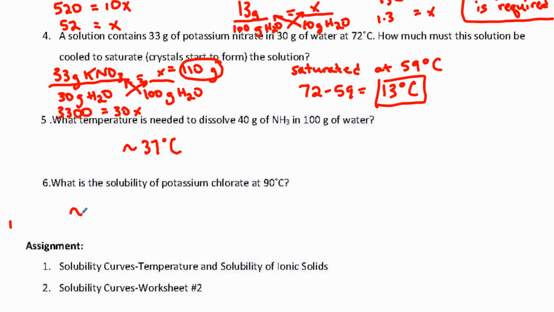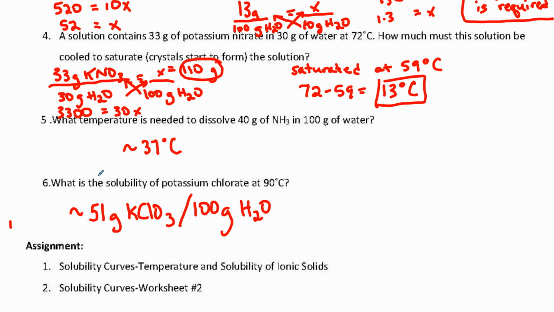I'm just eyeballing that. So I would write 51 grams of potassium, oh, it's not potassium nitrate, it's potassium chlorate this time, is dissolved for every 100 grams of water.